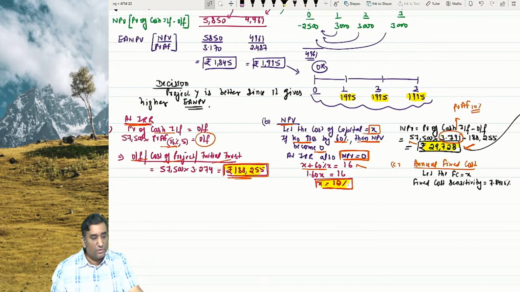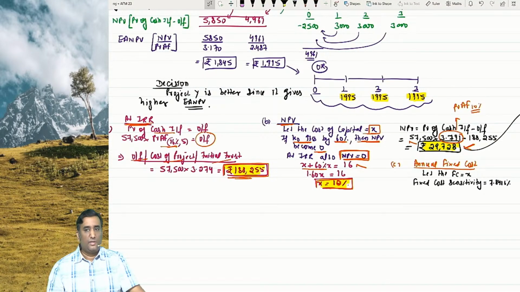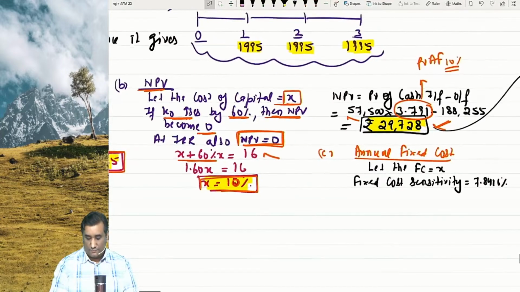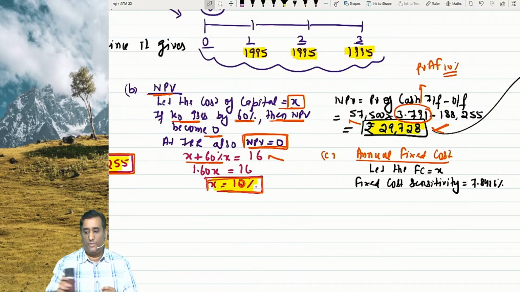Third part, if anyone has got the hint, try on your own please. Annual fixed cost.